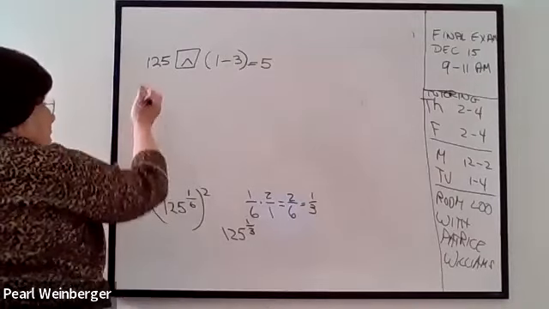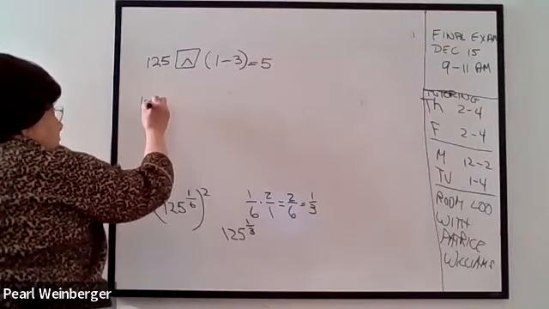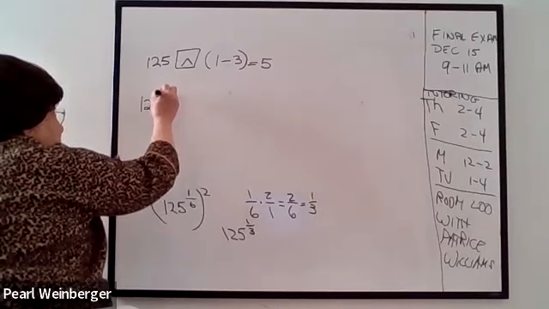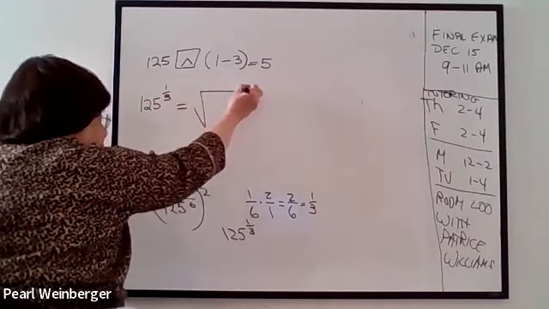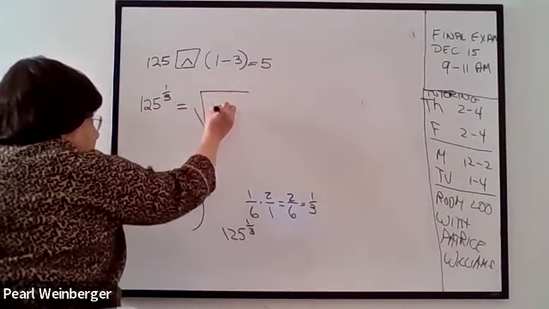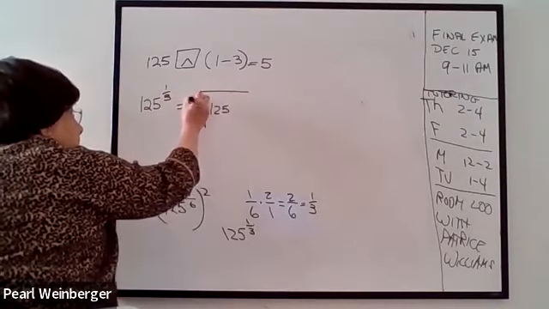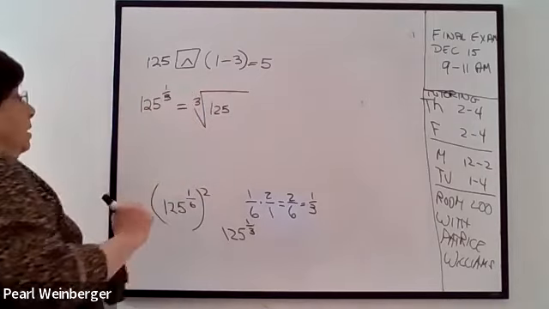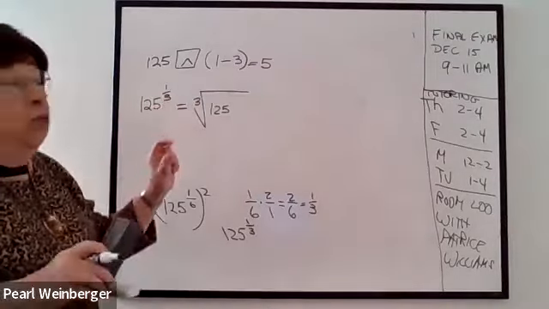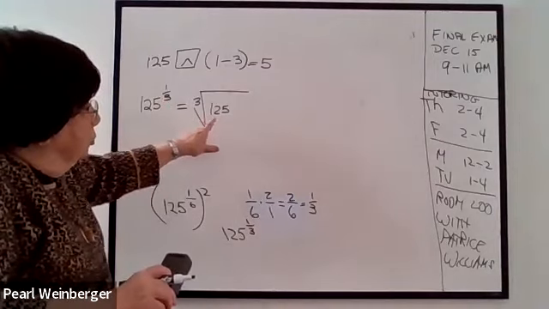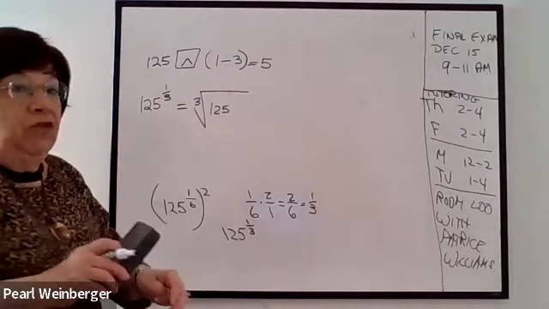Why is that? Because 125 to the 1/3 exponent is equivalent to the radical of 125, where the index, the little number over here, is 3. That's because this is a 1/3. This is read the third root or cube root of 125.